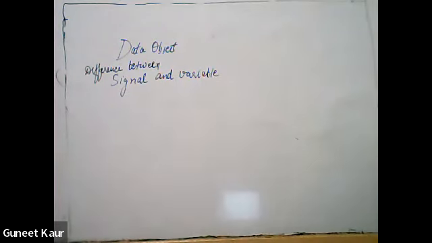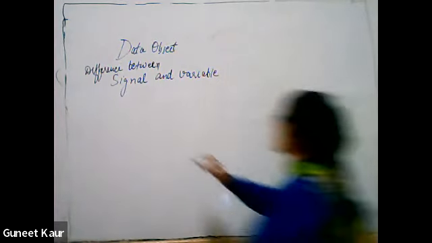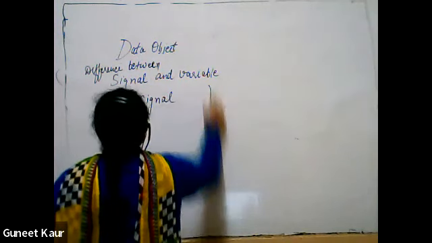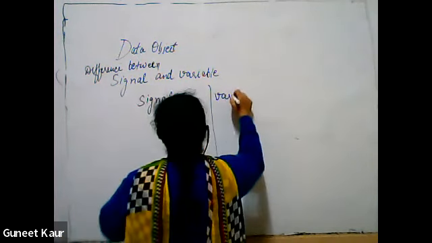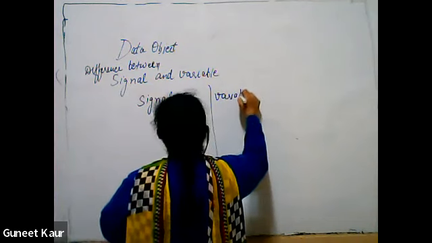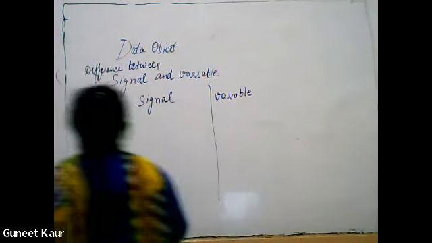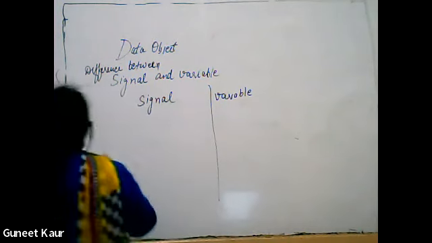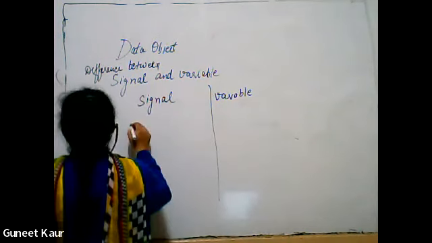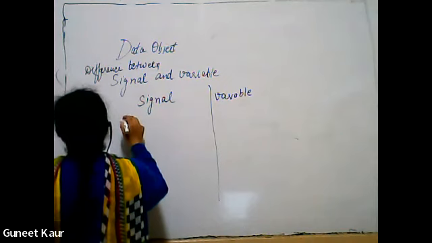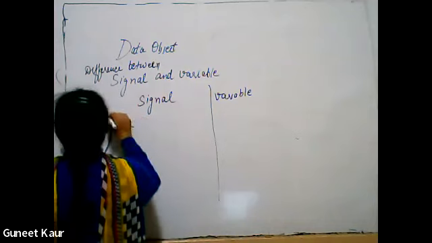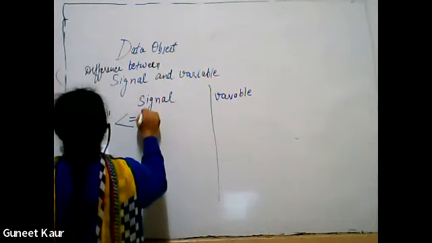Now, a further difference between signal and variable is that the signal uses an assignment operator for passing the value to a signal, by using the assignment operator less than equal to.